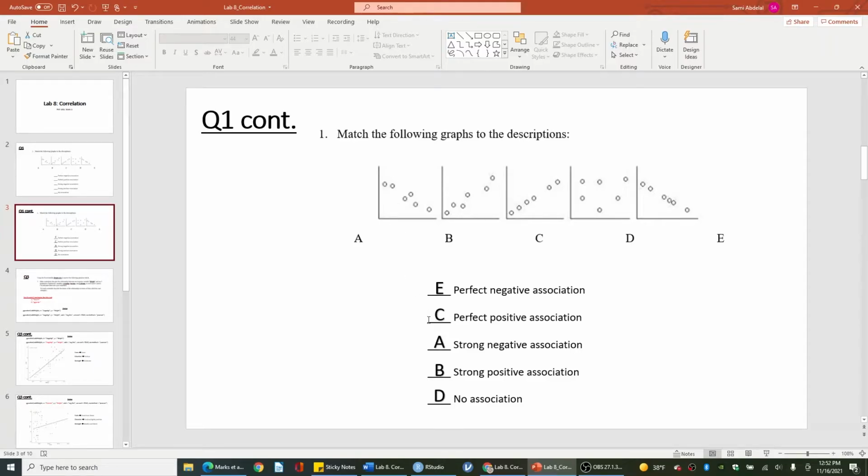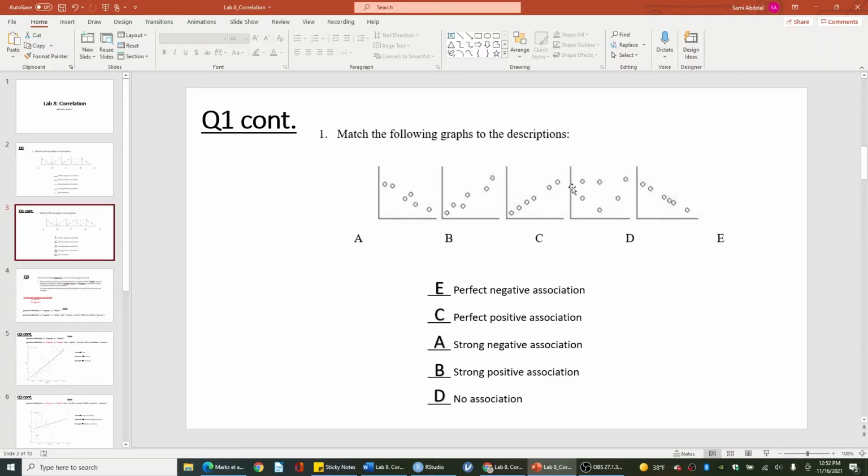D has no association because it's not linear. So we have it scattered out. The strength, there is no strength because, sorry, that's the direction.